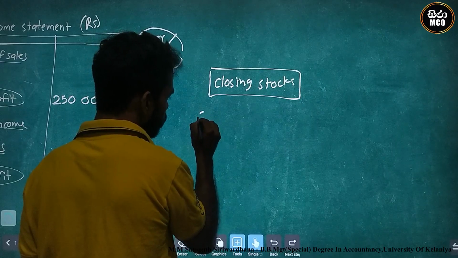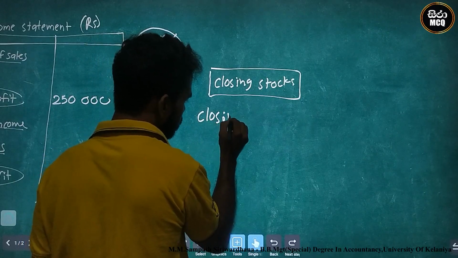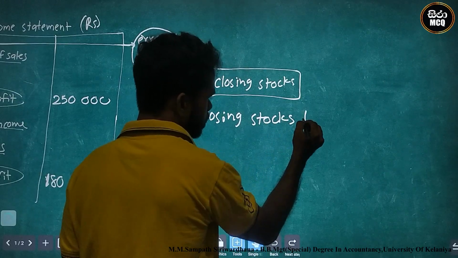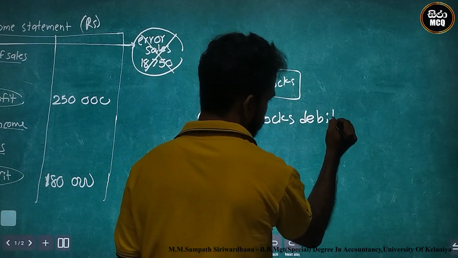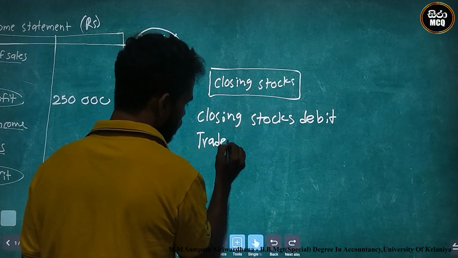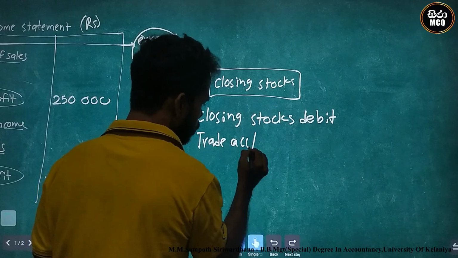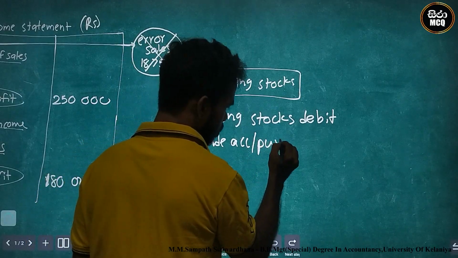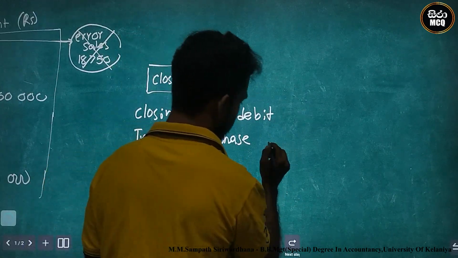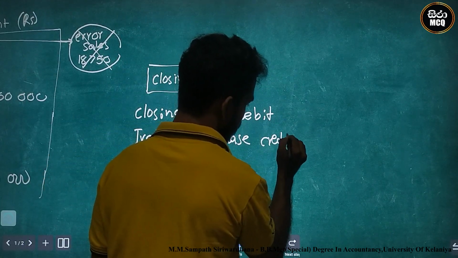Closing stock debit, and trade account or purchase account credit. This is the double entry.